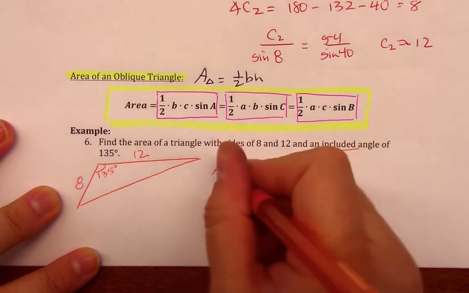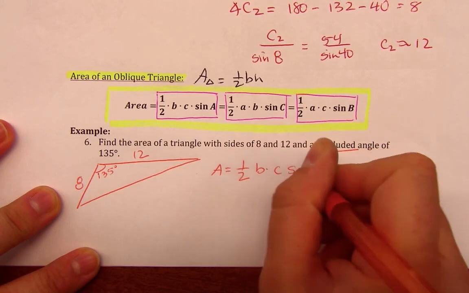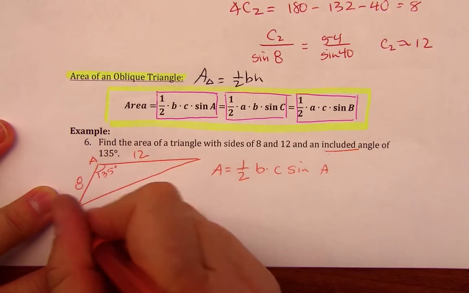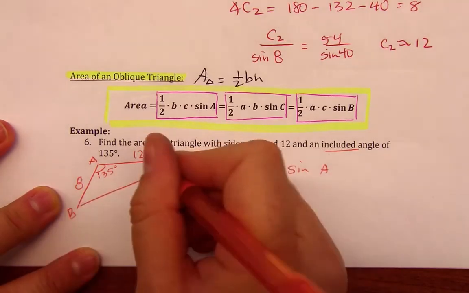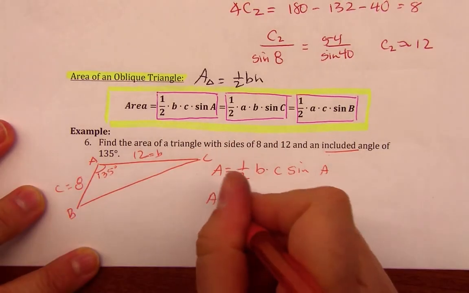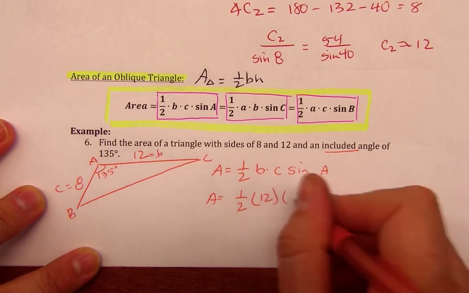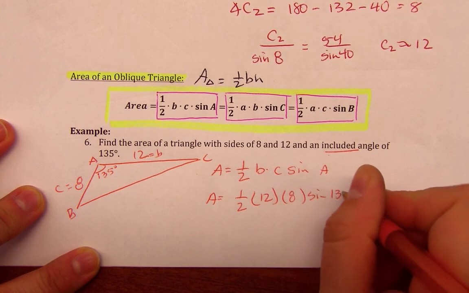So the area equals 1/2 base or b times c of sine A. So we'll label this A, this B, and this C. That would make this little b and this little c. So the area would be 1/2. Little b is 12, little c is 8. Sine of angle A, which is 135.